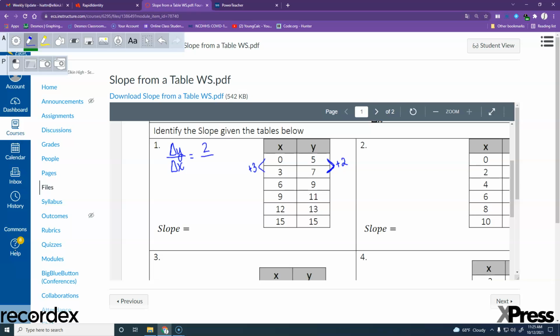The left-hand side is my change in x. So it's 2/3. And you can see it's still doing the same thing here. Right here, you're just going up by 3. So it doesn't really matter which points you pick. It's the same thing for the whole graph. So your slope here is just 2/3 for that.